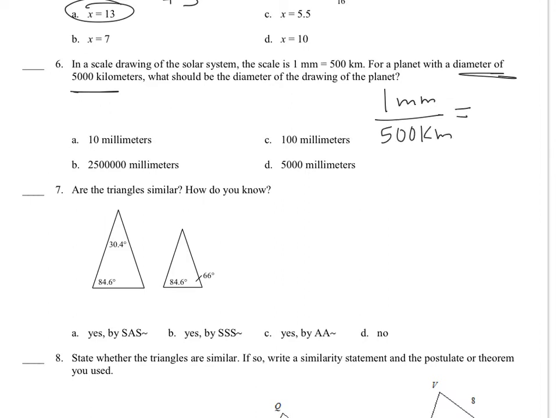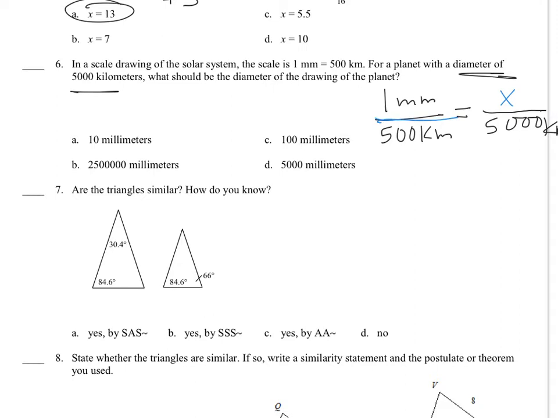You just have to make sure that your units match up. So since this is real is on bottom, I can make sure to put the 5,000 on bottom. And again, as long as you have kilometers, that just means your answers on top will both be millimeters. So again, you do not have to change kilometers to millimeters, but go ahead if it really makes you feel better about your life, go for it.